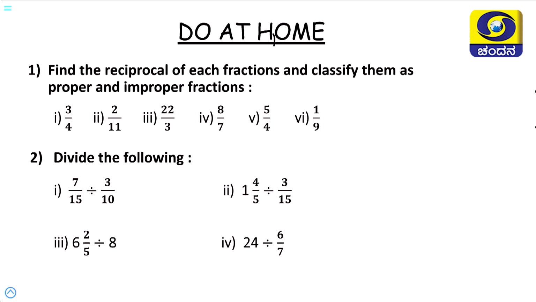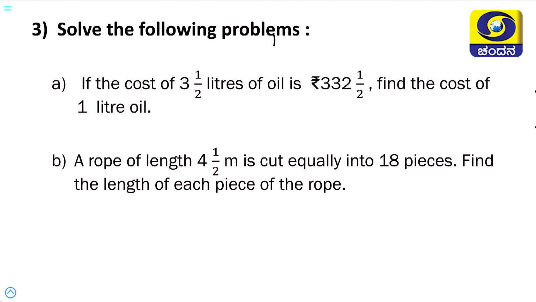Divide the following. 7 by 15 divided by 3 by 10. Second one, 1 4 by 5 divided by 3 by 15. 6 2 by 5 divided by 8. 24 divided by 6 by 7.